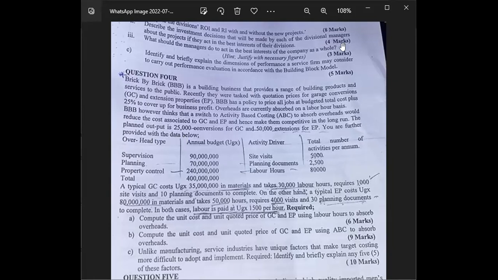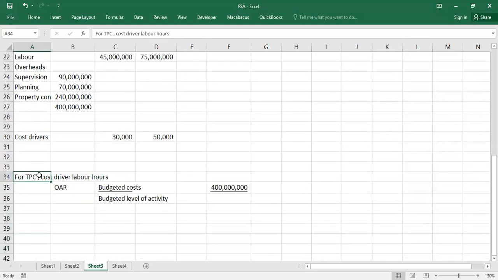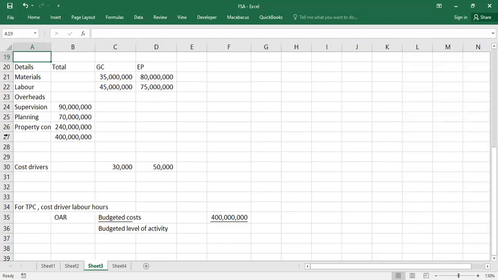Okay, I can share the screen now. Sorry about that. So back to this. How do we determine the OAR? I was saying that for TPC, they were combining. They removed this line here and made it one line.